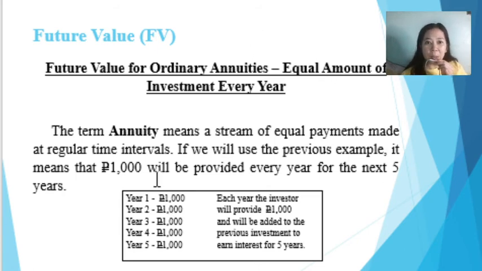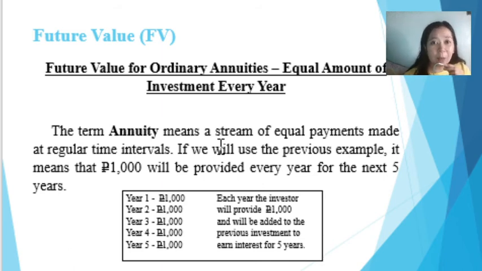To start, when we say annuity, this term normally means a stream of equal payments made at a regular time interval. If we compare this with single cash flow, under the single cash flow we only invest once in the current year.